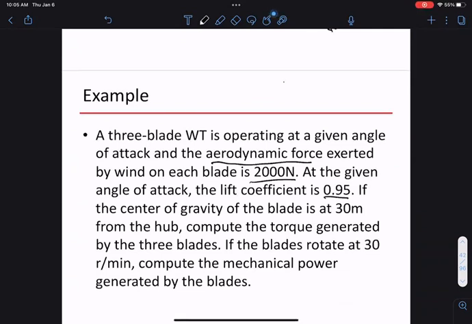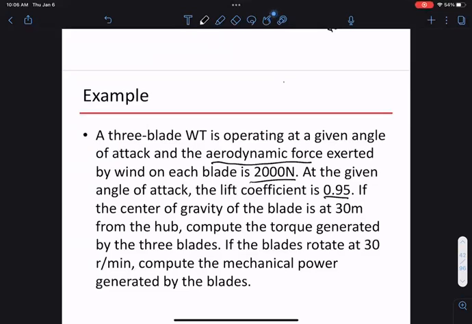Okay, so a lot of the force is actually going to the lift. So the center of gravity of each blade is 30 meters from the hub. Right? So the length of the blade, you can think of 30 meters from the hub. We want to compute the torque being generated by 3 blades. And then if the blades rotate at 30 RPM, we want to compute the mechanical power.